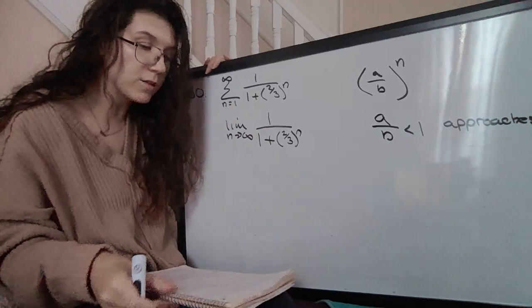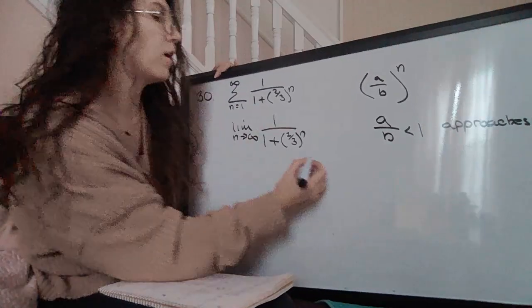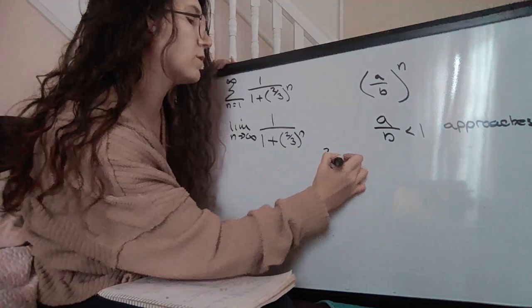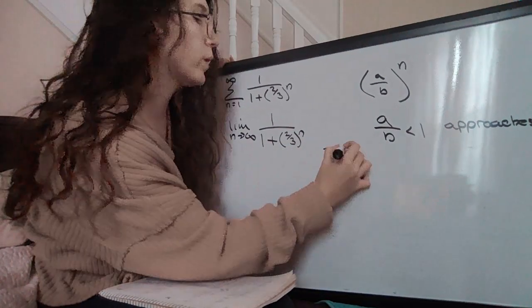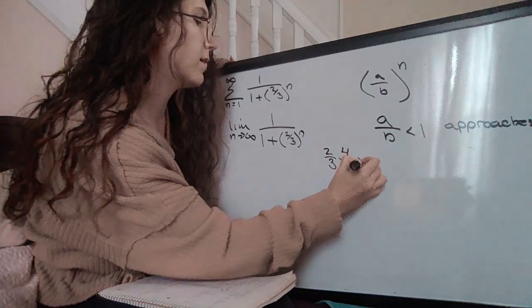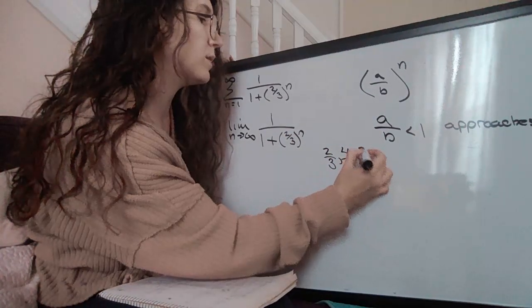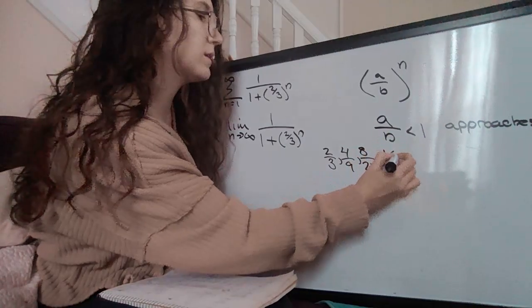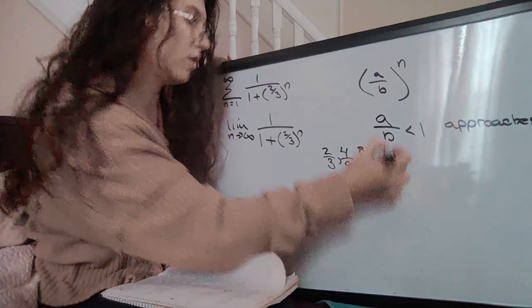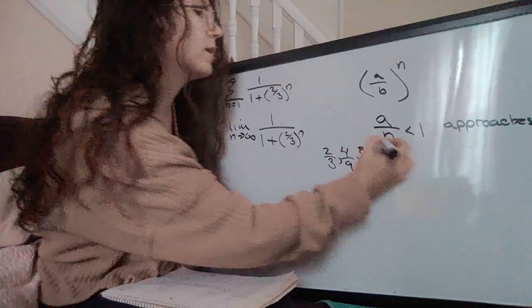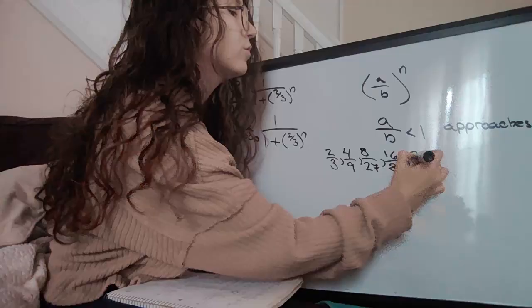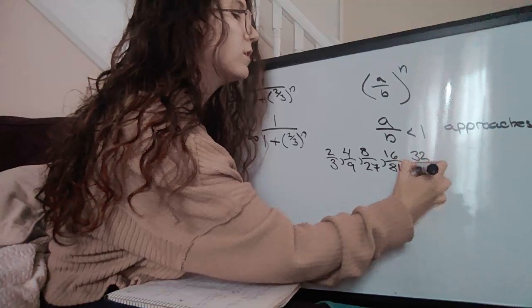I did this as a sanity check. You get 2 over 3, because that's to the 1. Then if you square it, it'd be 4 over 9. If you cube it, it would be 8 over 27. That would be 16 over 81, then 32 over 243.